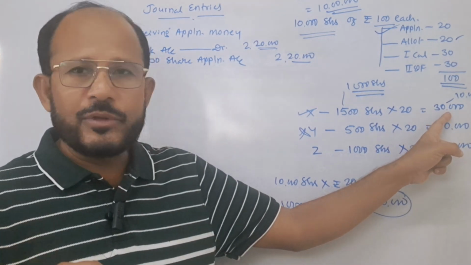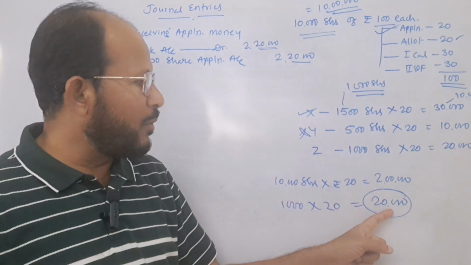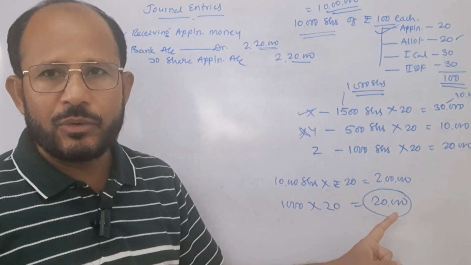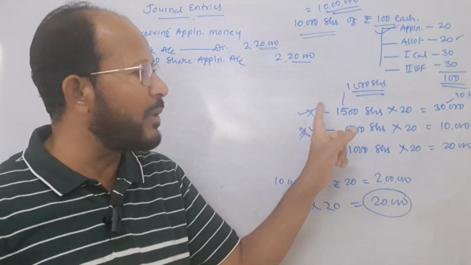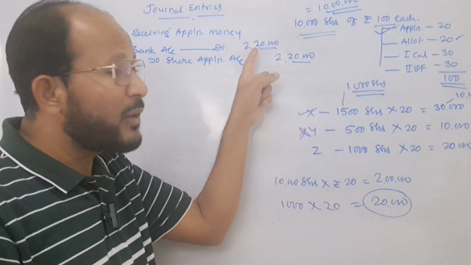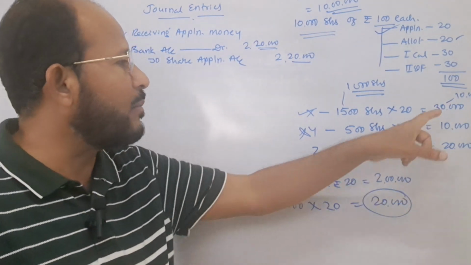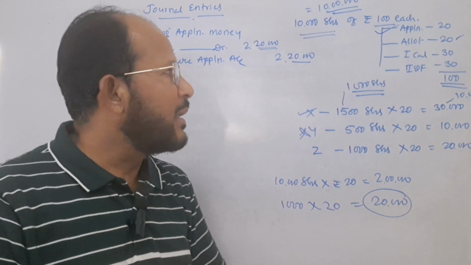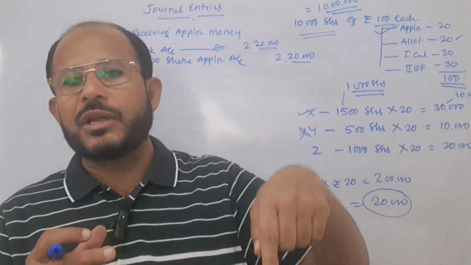Therefore it came to rupees 30,000. But on 1,000 shares, the actual amount comes to only rupees 20,000. Therefore 10,000 excess application money is sent by Mr. X. This rupees 2,20,000 includes 10,000 excess money collected from Mr. X.